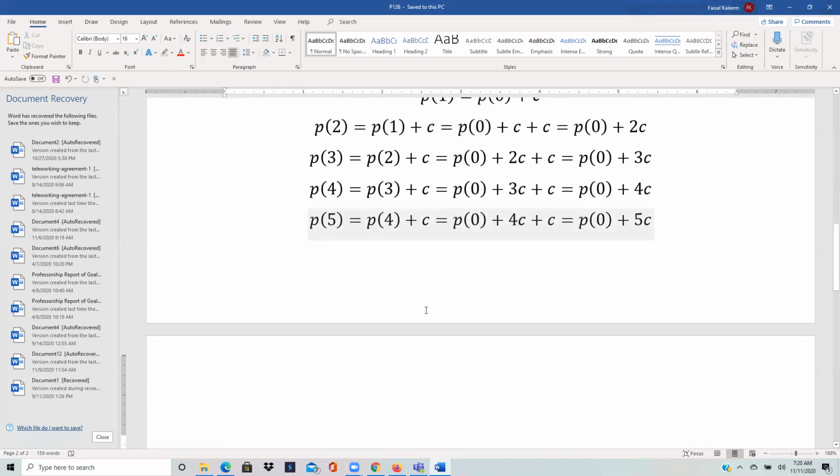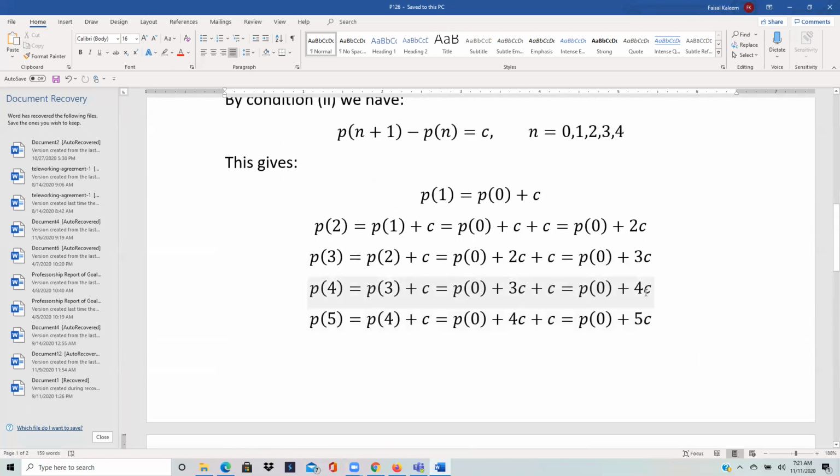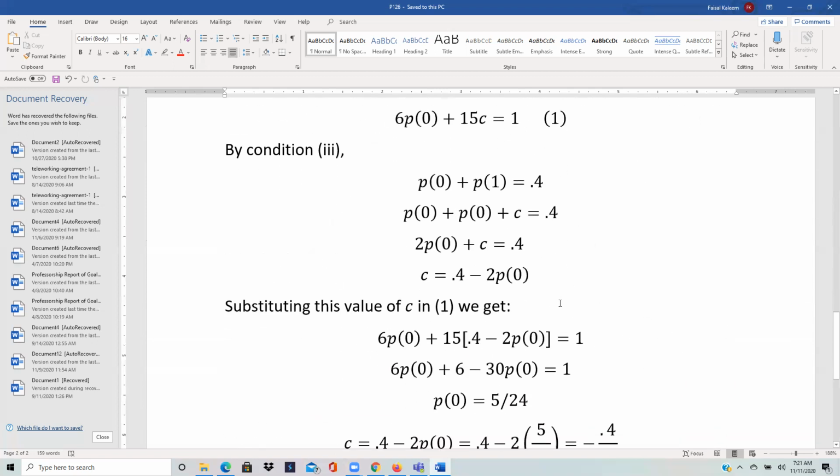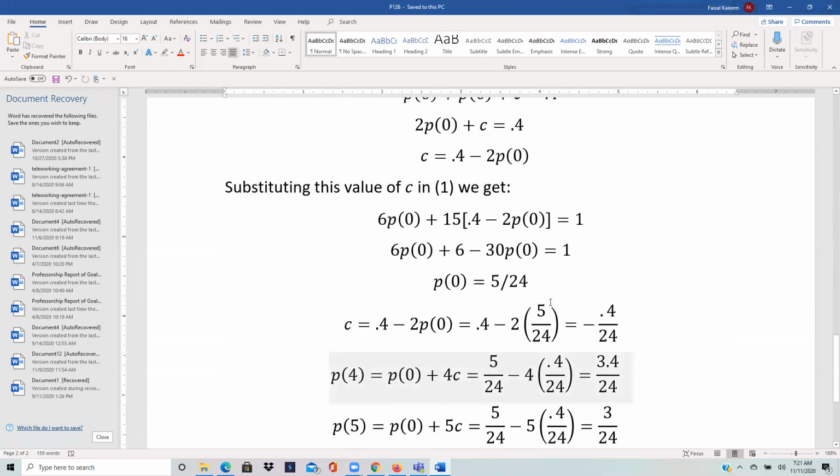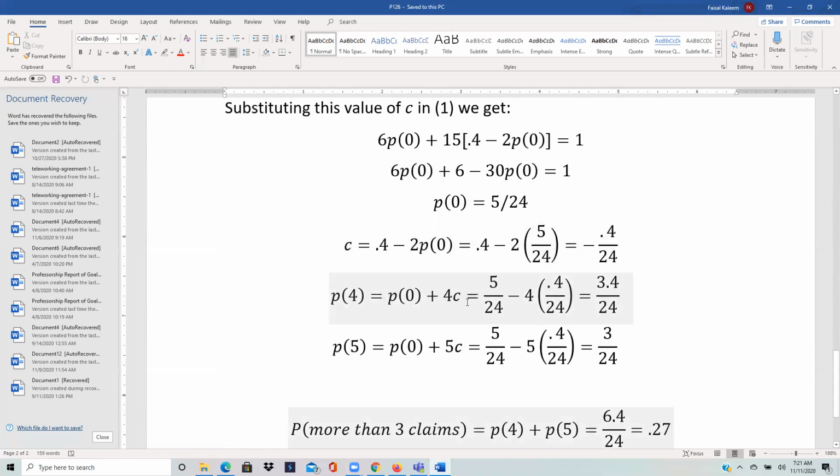That's what we found above, P0 plus 4C. So it will be P0, which is 5 by 24, plus 4 times negative 0.4 by 24. So P4 ends up being 3.4 by 24. And similarly, P5 was P0 plus 5C, that ends up being 3 by 24.